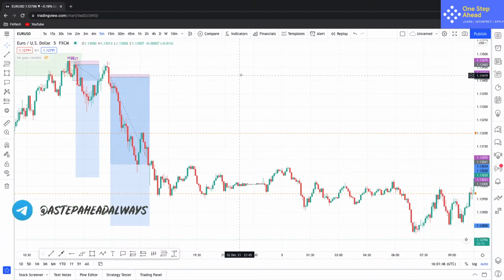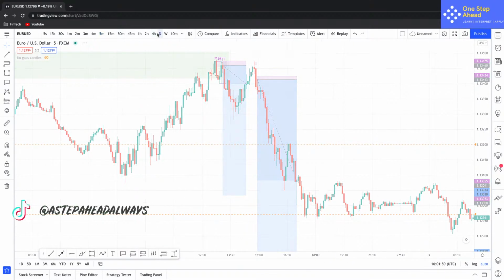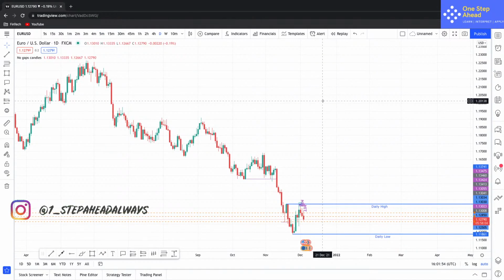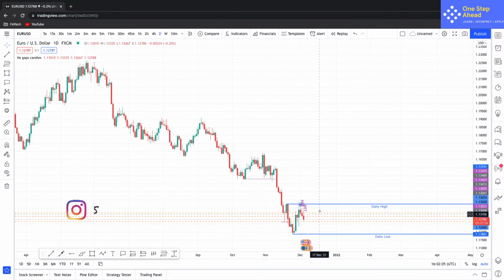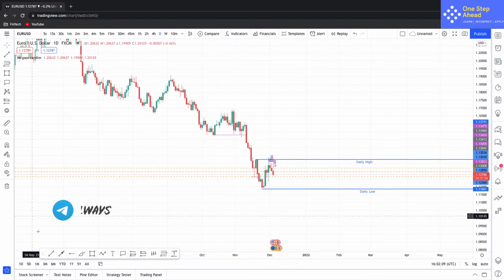So this was actually the Euro US Dollar. The markings I sent in the weekly forecast video on the Monday or Sunday, I don't remember the day, but this is what we were actually looking to sell from.